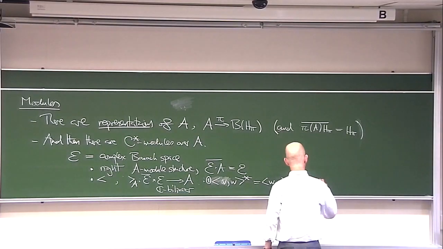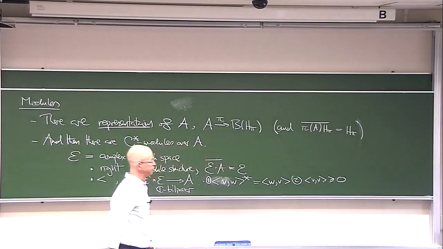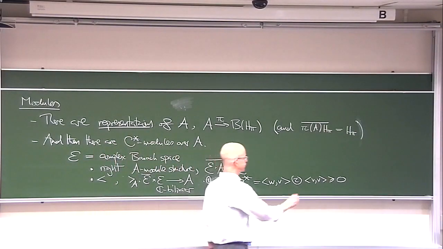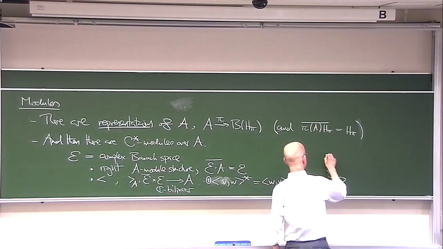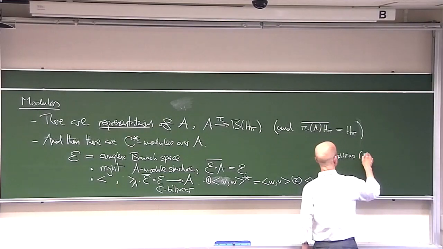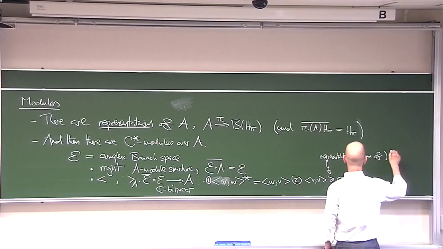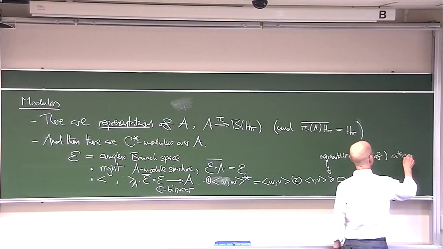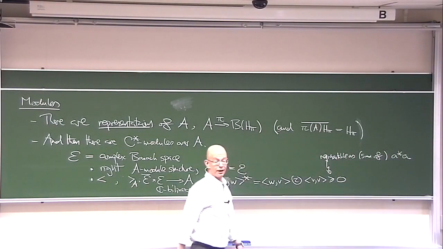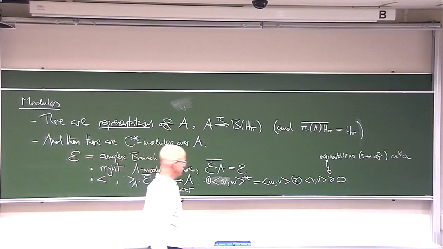I insist that the inner product of any V with itself is, as they say in C-star algebra, positive. This means, so the positive elements initially were described to be the sum of elements of the form A star A. But in fact, any element which is the sum of elements of the form A star A is individually of the form A star A. So that's what positive means.